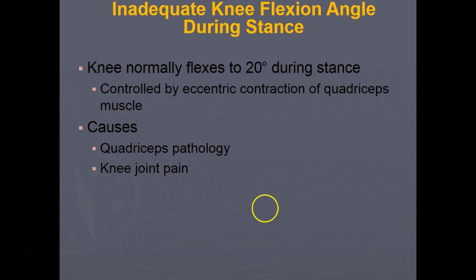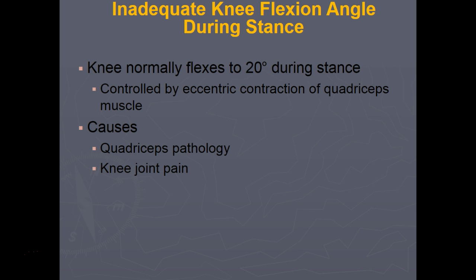So what are some causes for that? Quadriceps pathology would cause that. In other words, the knee might be in more extension because when you flex the knee, the quads get stretched. If you have a quadriceps strain, it doesn't want to get stretched, so it shortens up, and because of that, you have less flexion during the stance phase. Also, patients who are in joint pain tend to like extension.